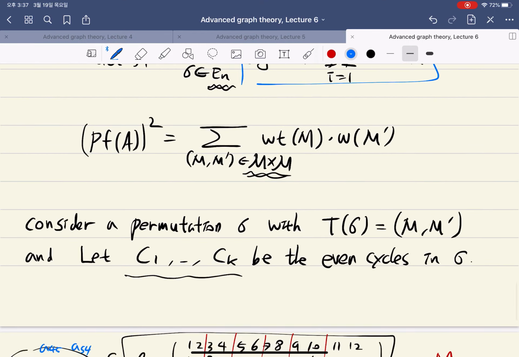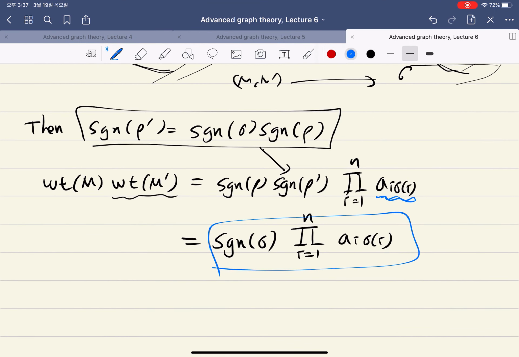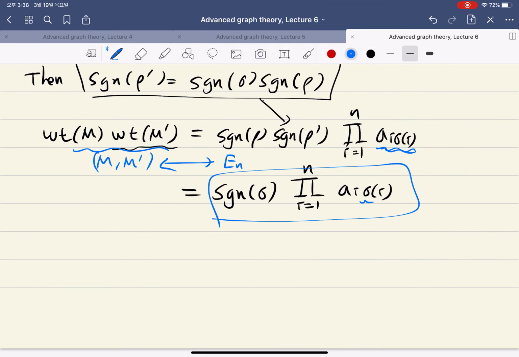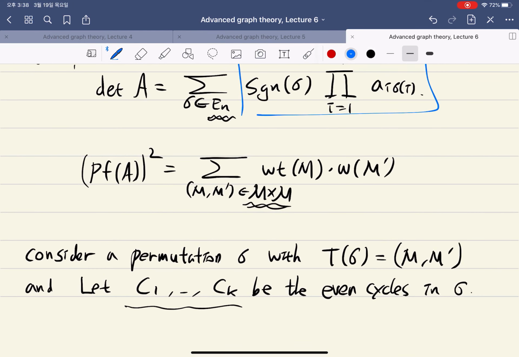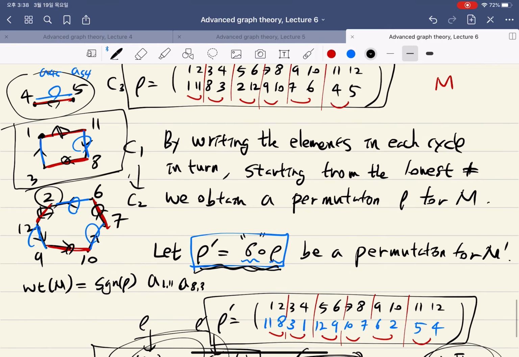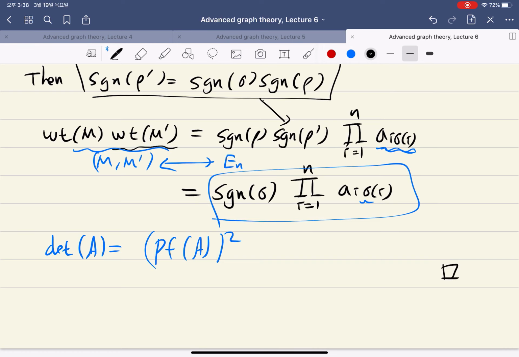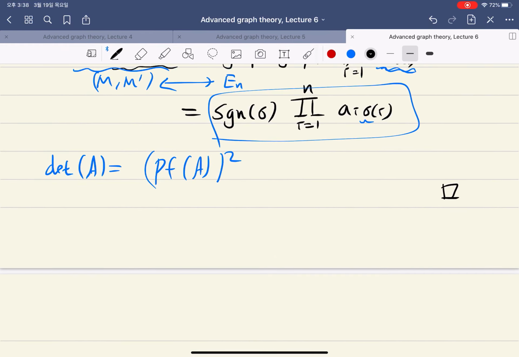And then the summation is over all M, M prime, which has a one-to-one relationship to this sigma in E. So we conclude that the determinant of A is the Pfaffian squared. So this and this are the same. So this proves the theorem.